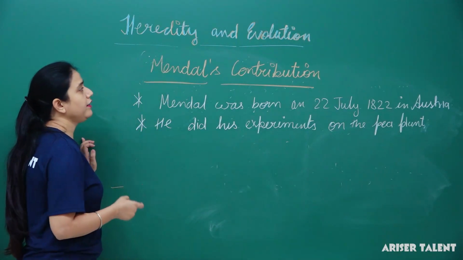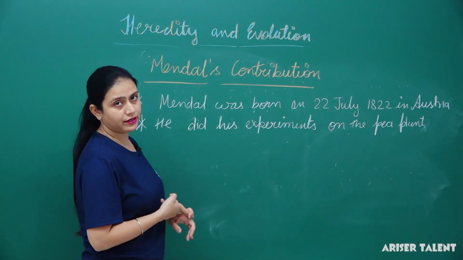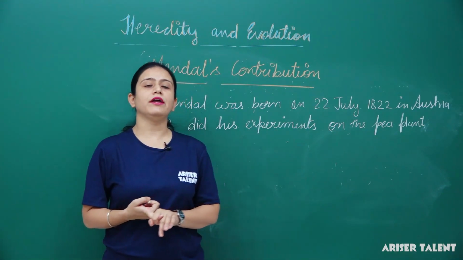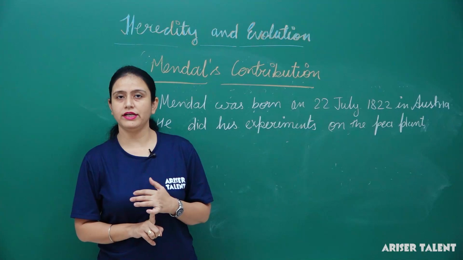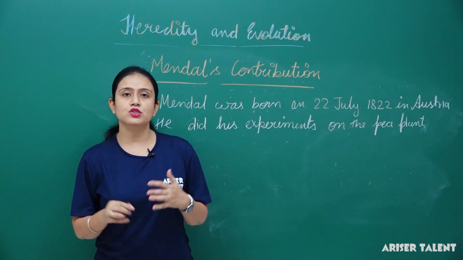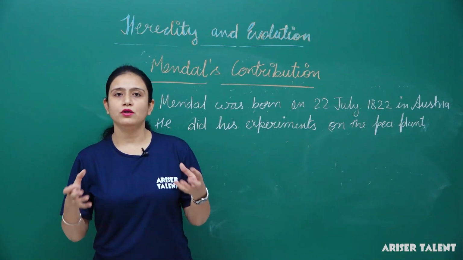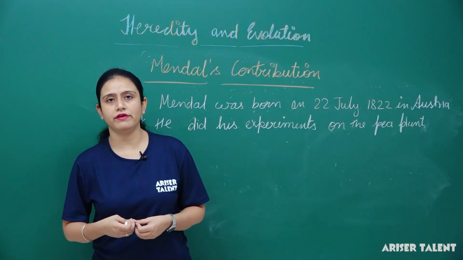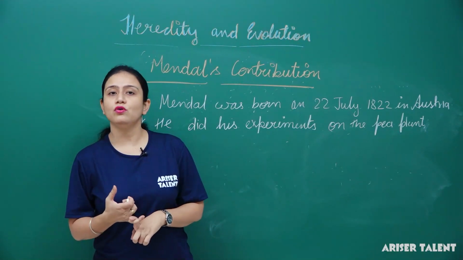Okay, so why did Mendel choose the pea plant here? The reason behind it was that it has a short life cycle. So it was easy for Mendel to study various generations, as well as it grows very fast.